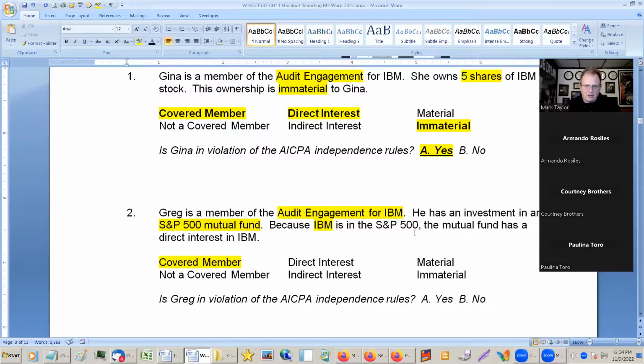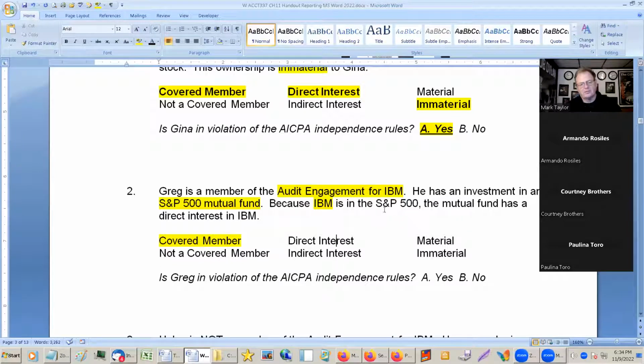So he invests in a mutual fund, and the mutual fund invests in the stock. Is this direct or indirect? It's actually indirect. He bought the mutual fund, which then bought the stock. There's something in between him and buying the stock. So this would be indirect.